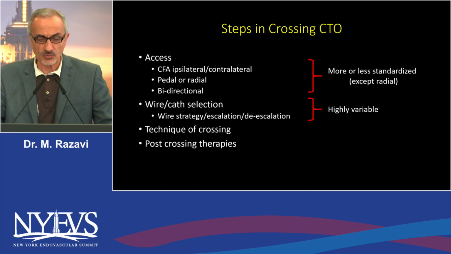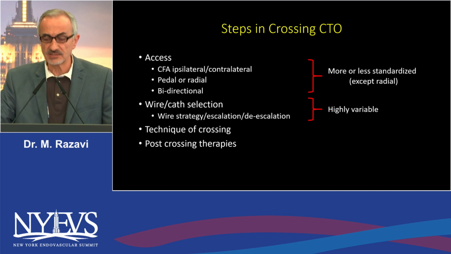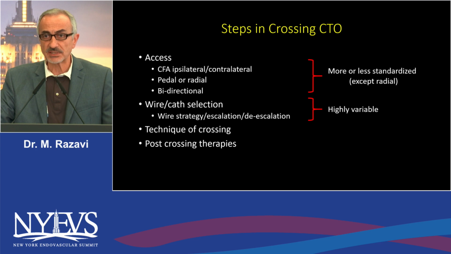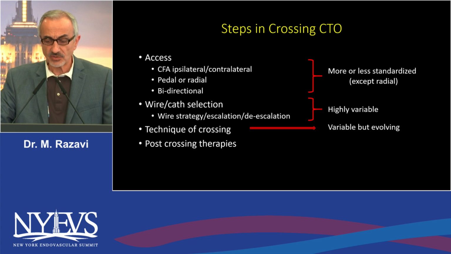In terms of wire and catheter selection, it's highly variable. If you talk to 10 different experienced operators, you're going to get 10 different answers, because there is a multitude of appropriate wires and catheters available. Techniques of crossing are variable but evolving.